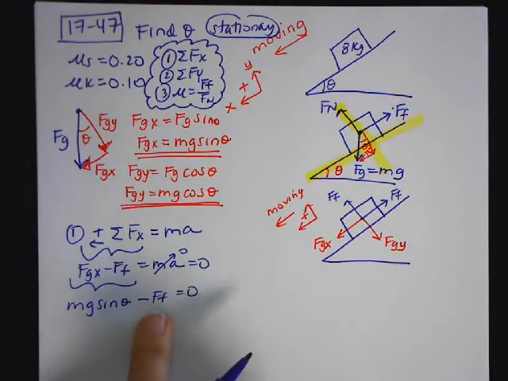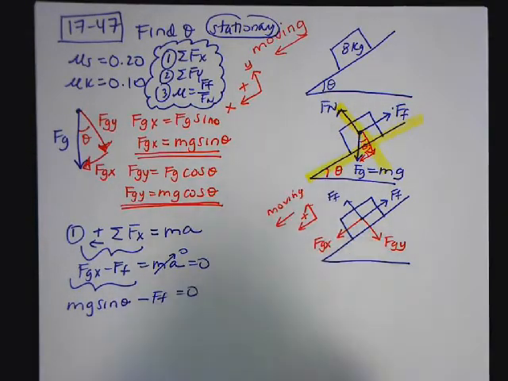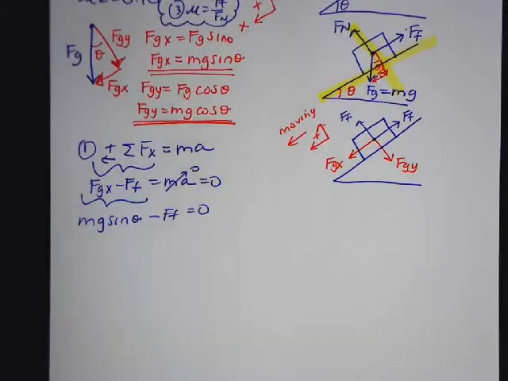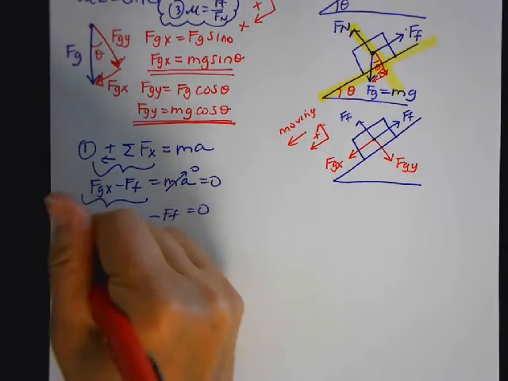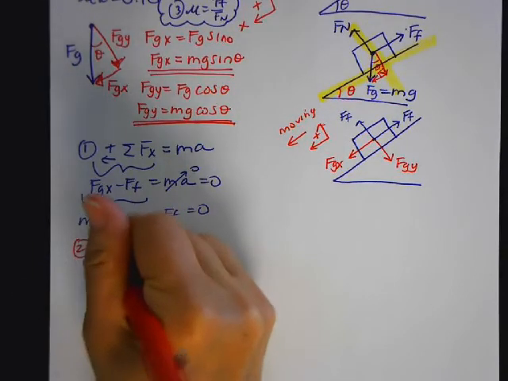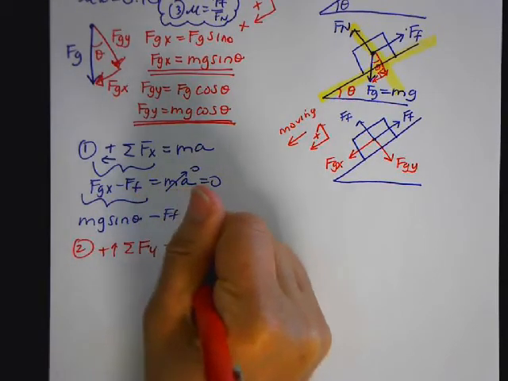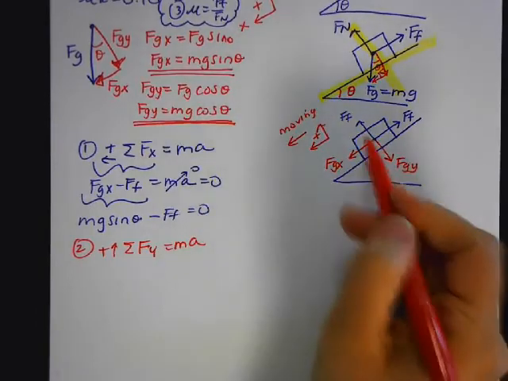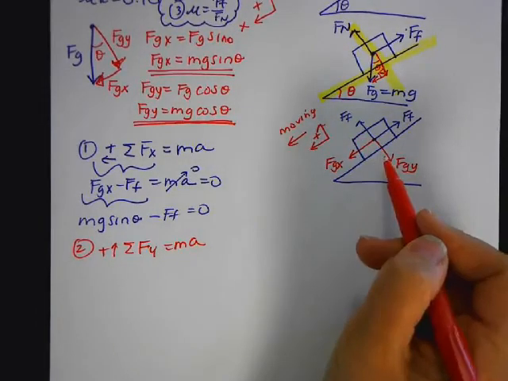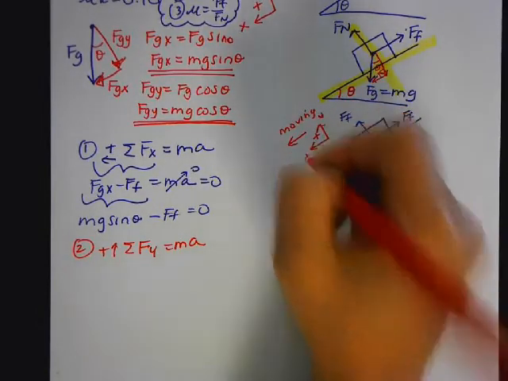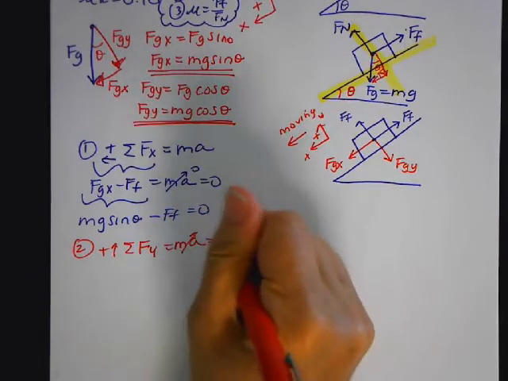Now, I don't know F of f. So F of f is vertical, so let me just go ahead and do that. Step number 2, let me sum forces vertically. Summation of F of y is equal to ma. Is this block accelerating in the y direction? No, it's not even moving in that direction. So again, this is equal to 0.